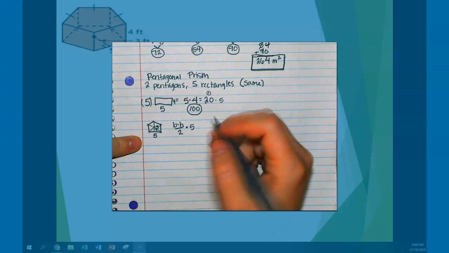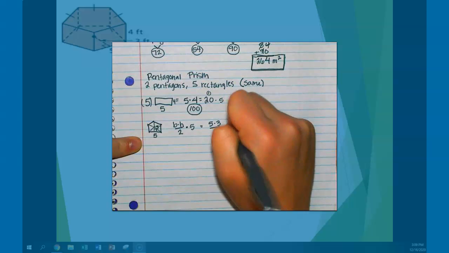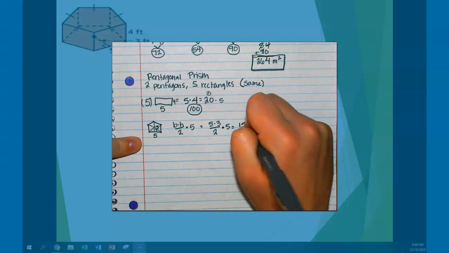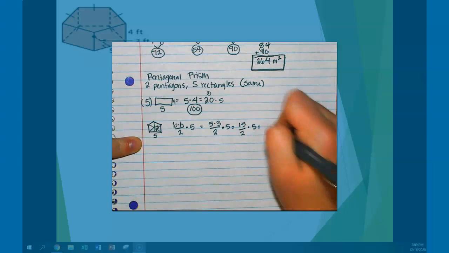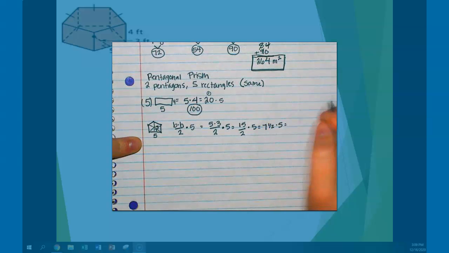So my base and height would be 5 times 3 divided by 2, times 5. 5 times 3 is 15, divided by 2 is 7.5, times 5.